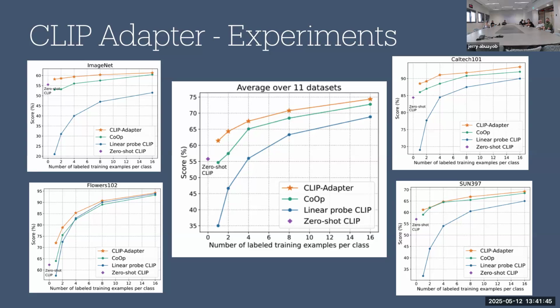Maybe I switched between them. ImageNet is like 4%. No, it's a 27% boost from the linear probe. Linear probe again doesn't have the text, the label.